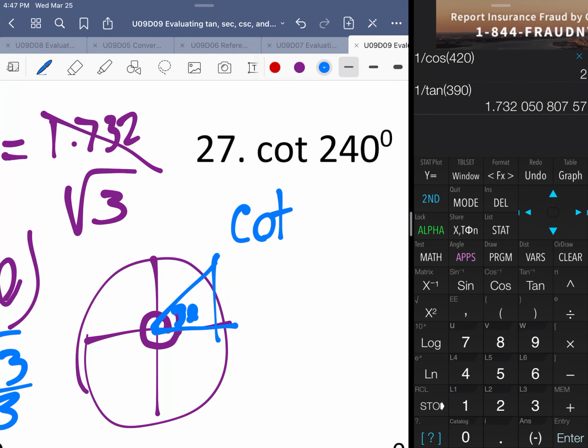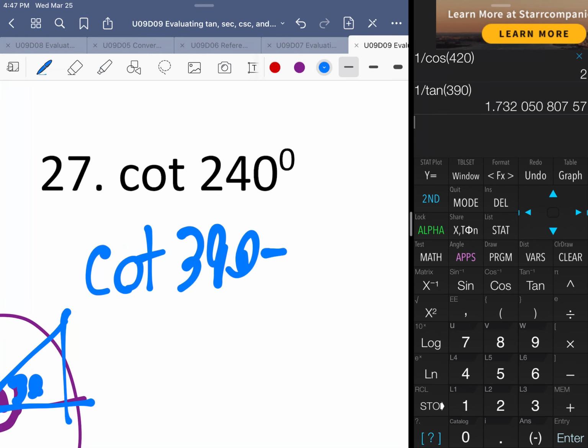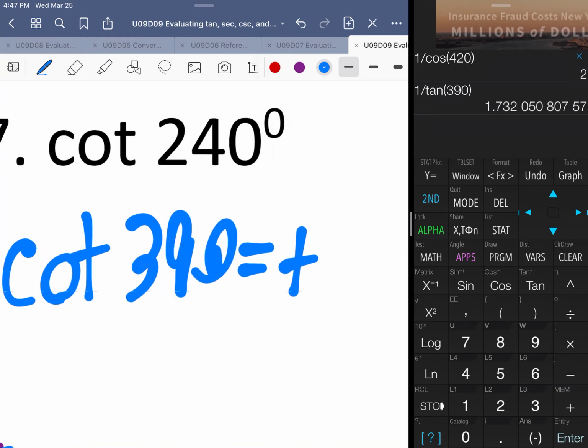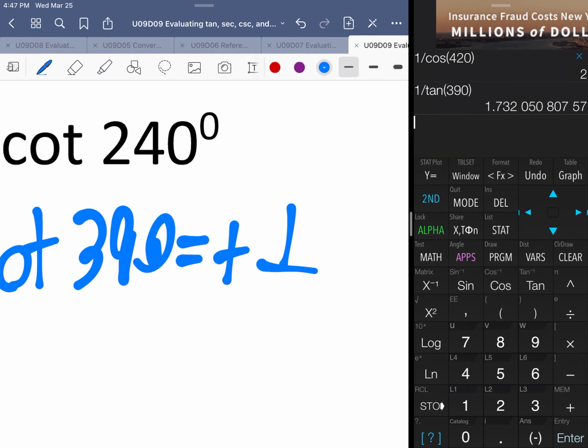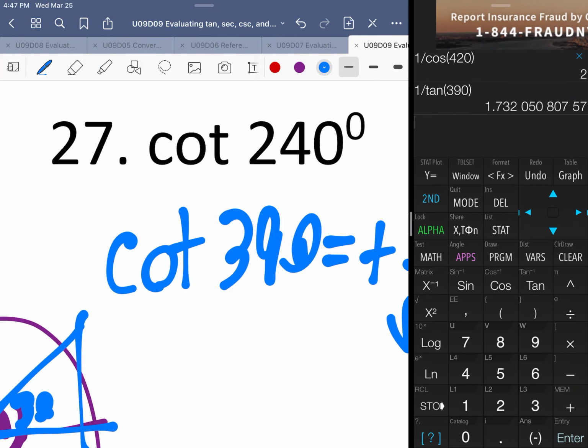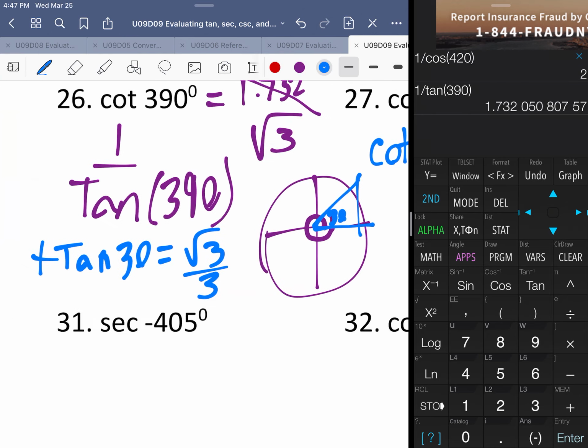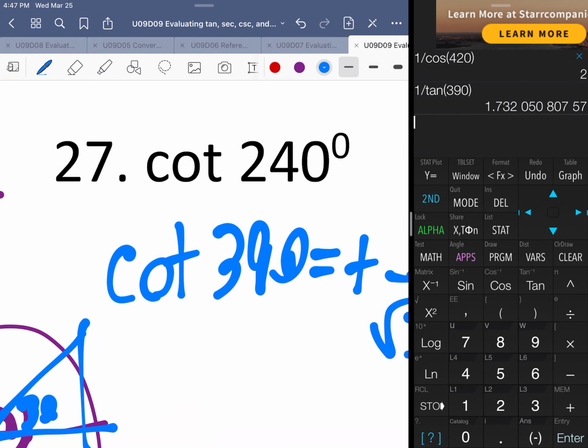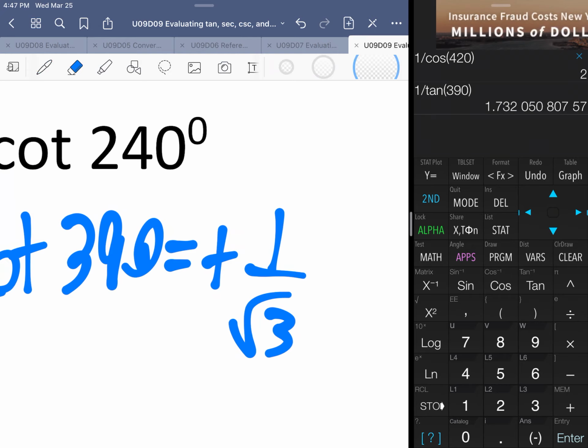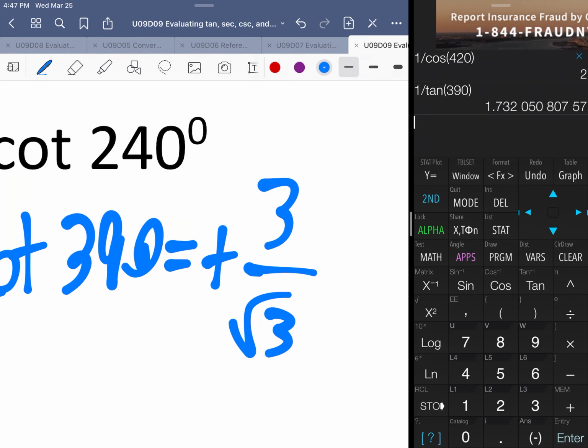So the cotangent of 390 should just be equal to the reciprocal of that. So the sign isn't going to change, so it's still going to be positive, but it'll become 3 over radical 3, excuse me, not 1 over radical 3.